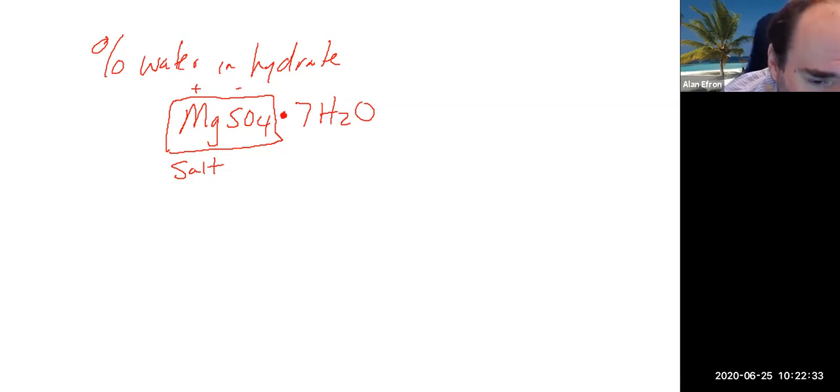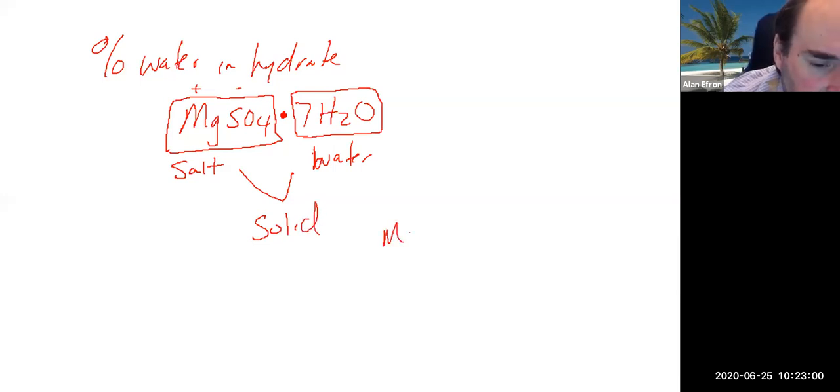And there is basically the other part that comes after the dot, which is the water part. And the water part is really what makes it a hydrate. And this entire thing is all together. So sometimes we think about water and we think water is liquid, but this is all actually a solid.